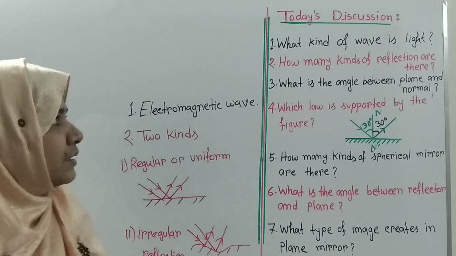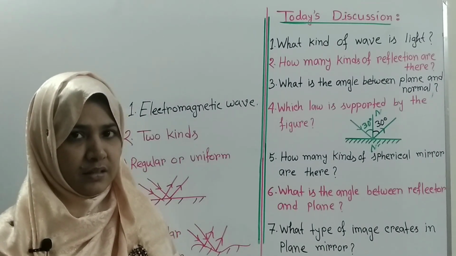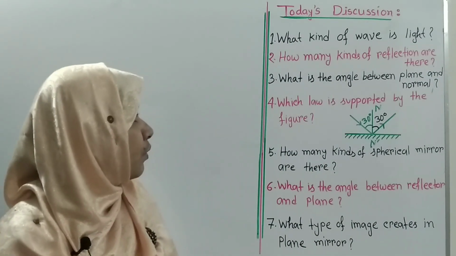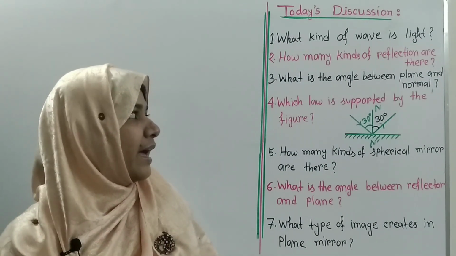So we can say that there are two kinds of reflection. Question 3. What is the angle between plane and normal?